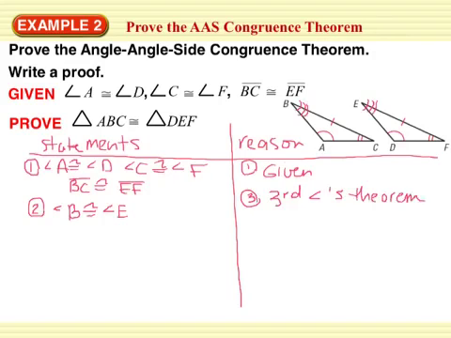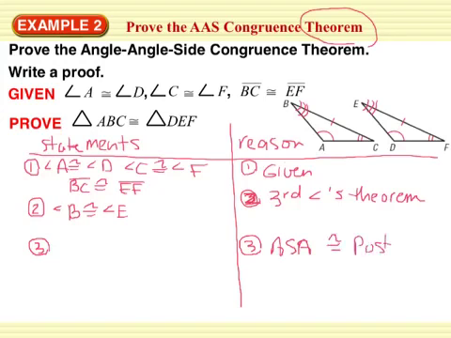Okay, and if you remember, we can prove theorems using postulates, and we learned a postulate today. Sorry, this should be a 2. I always do that. We learned a postulate today that is the angle side angle congruence postulate. And now I have angle side angle, angle side angle.